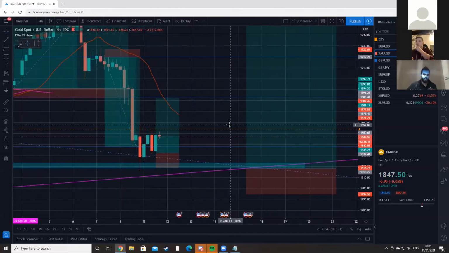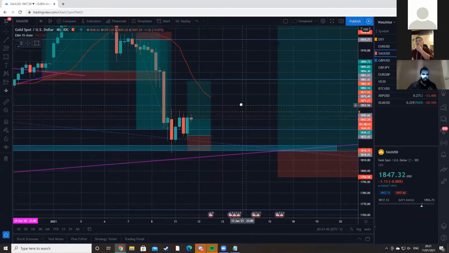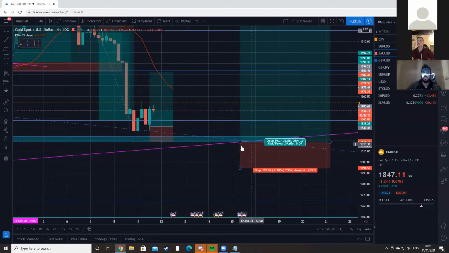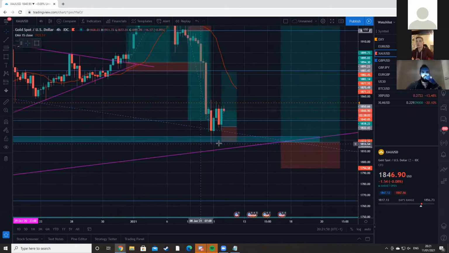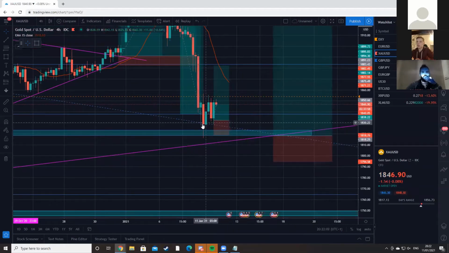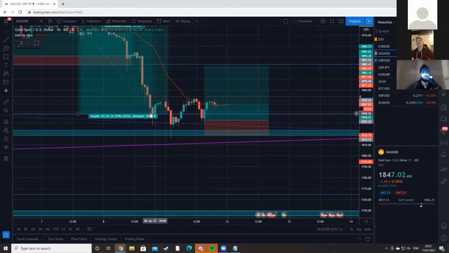Now today I am looking for some kind of a buy correction to the upside. I was waiting to maybe touch our uptrending trend line in our zone here, but we didn't touch it quite yet. But on the 1 hour you can see some kind of head and shoulders pattern.